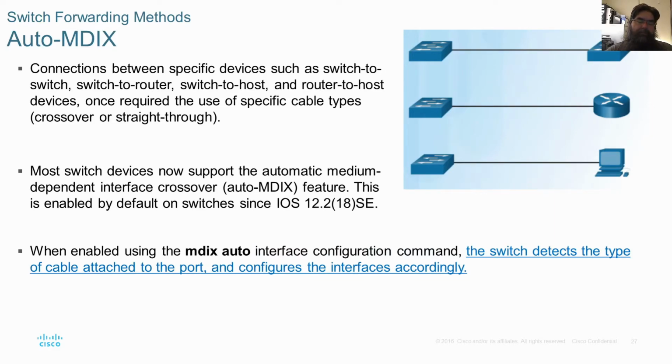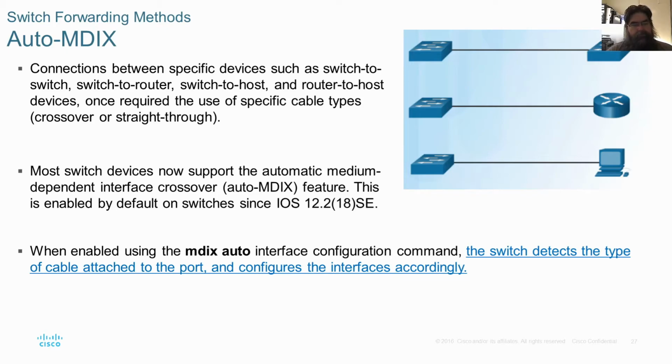Auto MDIX came about in version 12.2, where we detect the type of cable being used and auto negotiate the speed and duplex settings for that cable.